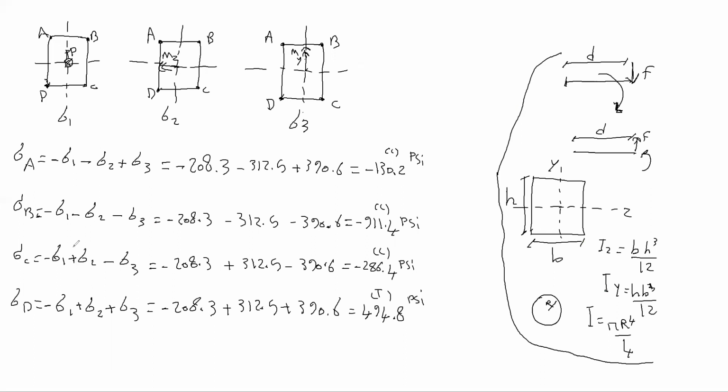Also here sigma 2 is positive, so somewhere here this stress may cancel these 2. But in the quadrant of B, all of the stresses are negative, so there is no way to reach zero stress, right?